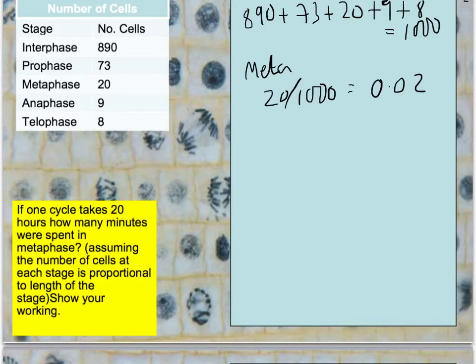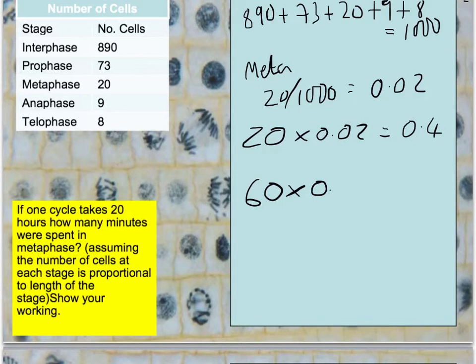So 20 hours times by 0.02 equals 0.4 hours. 0.4 hours is okay. If I want to convert it to minutes, 60 minutes in an hour obviously, times that by 0.4, so that gets you your 24 minutes.